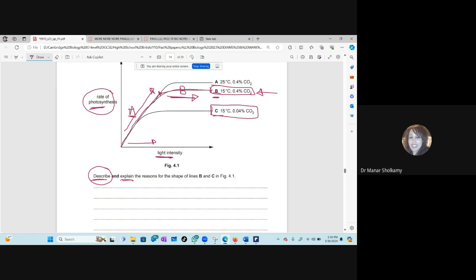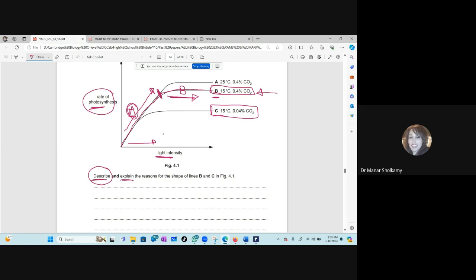At A, I said, as the light intensity is increasing, the rate of photosynthesis is increasing. Now, why? What is the limiting factor at A? Light intensity. No, the light intensity itself. You forgot the lesson.